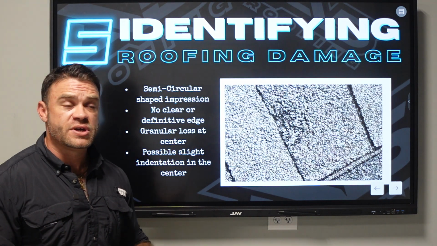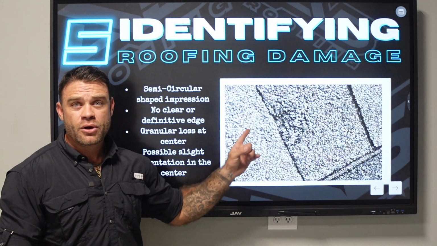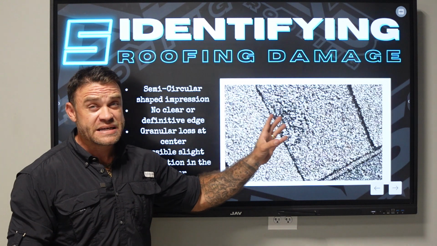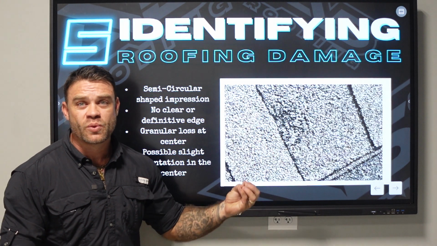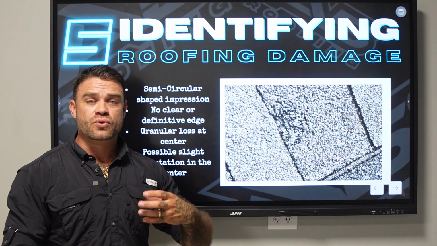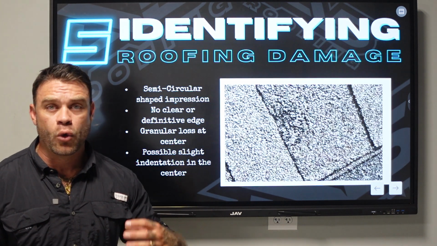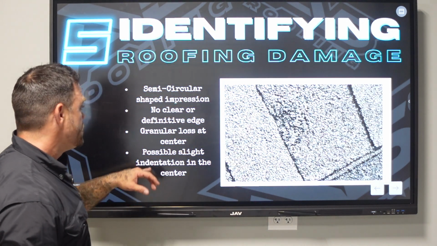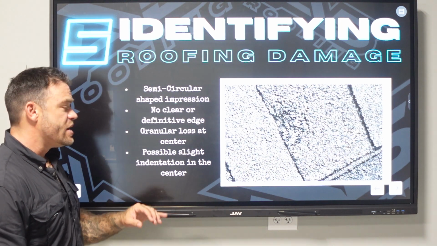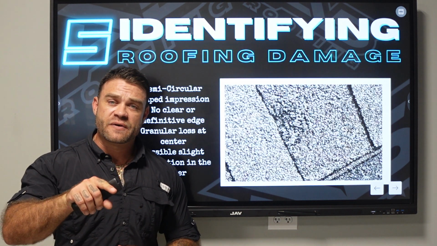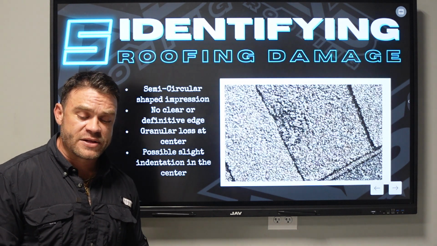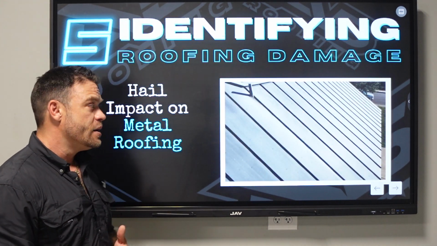So the longer the sun shines on this bare, granular missing spot, the worse this spot's going to dry out, and then that's when the spot begins to lose its ability to repel water at this location. So we have that granular loss, and you might even be able to feel a slight indentation in the face of the shingle when you push there, and that's referred to as shingle bruising.